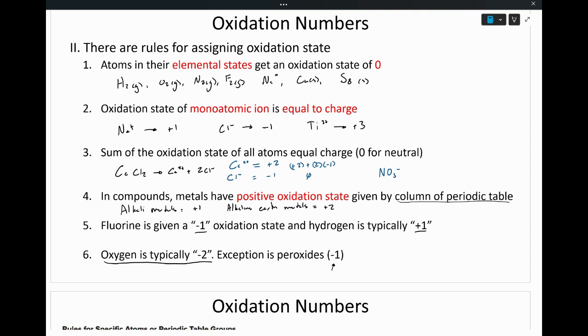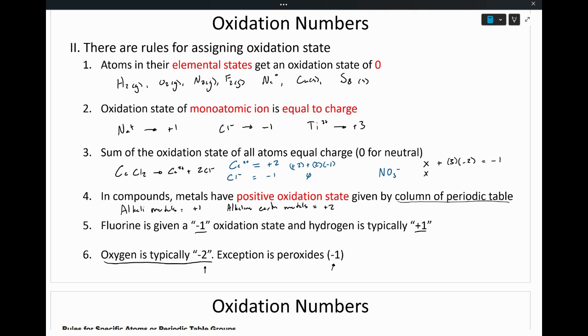And so if we go back up here to nitrate, we see that we have nitrogen. We don't have a rule for nitrogen. And so what we're going to talk about on the next slide is that we're just going to treat that as X, and we're going to solve for it. But then we have 3 oxygens with an oxidation state, which we said is typically -2. So I'll put a -2 here, and all of this has to add to -1.